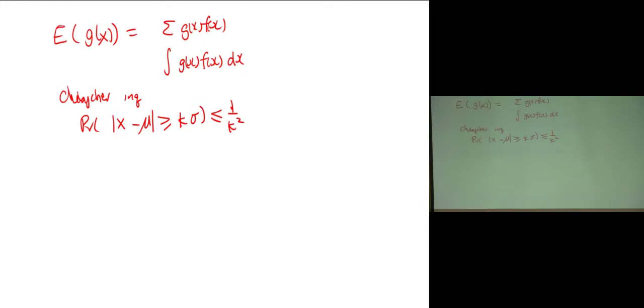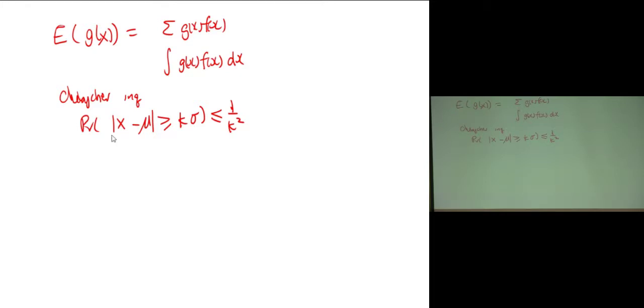It simply means that, okay, if I don't know how x behaves, but I know two things about this x. I know its expectation, and I know its variance, or the square root of the variance. Knowing these two things, I'm able to determine a bound for the probability that x lies below mu minus k sigma or above mu plus k sigma.